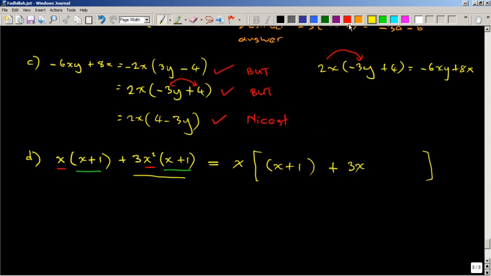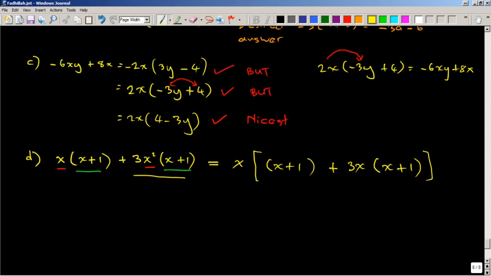Okay, if we try to multiply it again, it becomes 3X squared, just like the original 3X squared. And then we put the remaining, which is X plus 1.